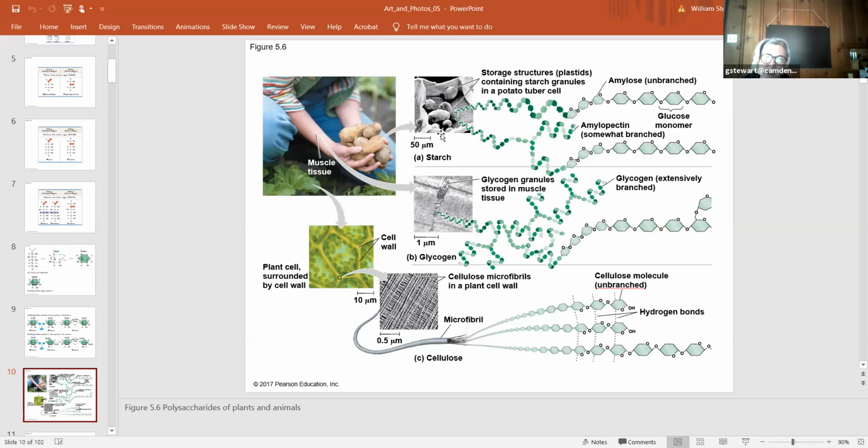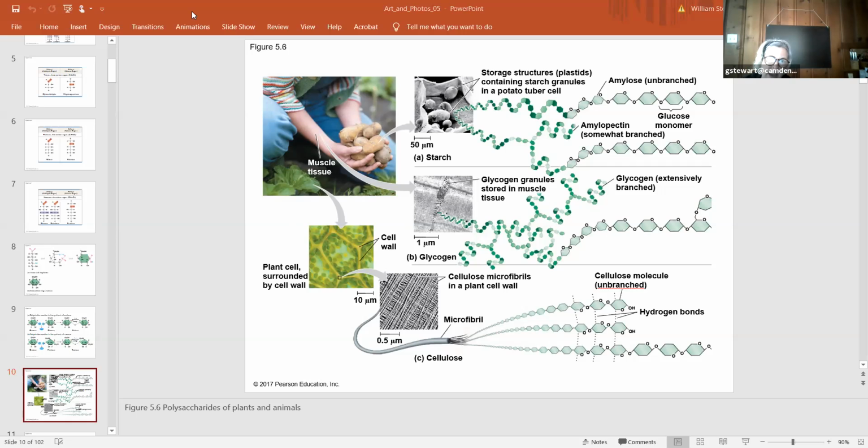So here's some starch granules inside some potatoes. Here's some glycogen. Notice they're showing you that in muscle tissue in a person because animal cells produce glycogen as a way to store carbohydrates. And cellulose. So this is a structural form of this particular polysaccharide.